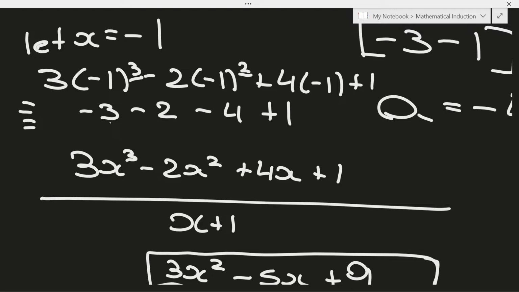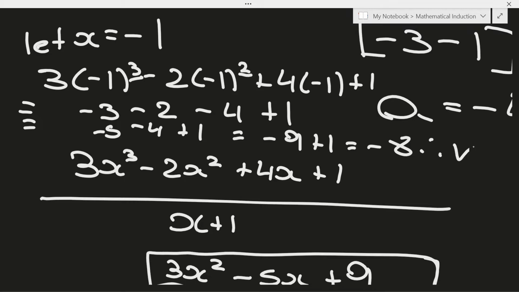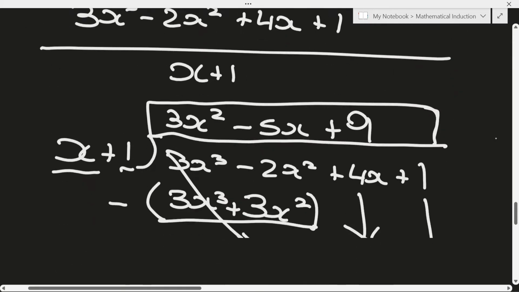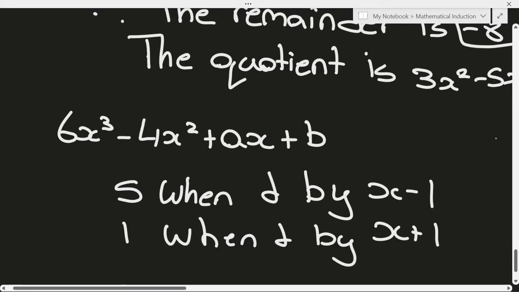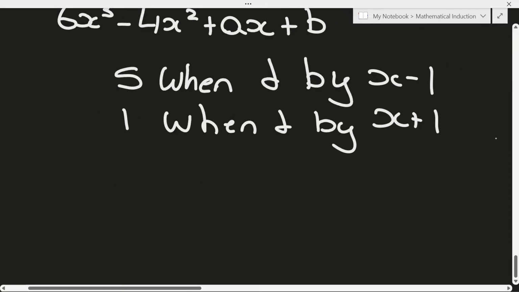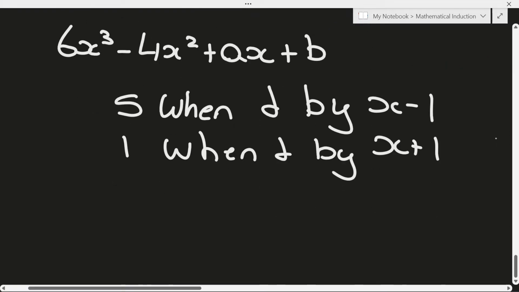This is equal to -5 minus 4 plus 1, which is equal to -9 plus 1, which is equal to -8. Therefore, remainder theorem is true. But now we're going to go to a harder example, now that I've actually covered remainder theorem. Sorry for forgetting it earlier.